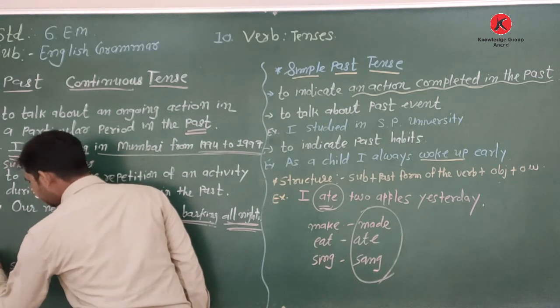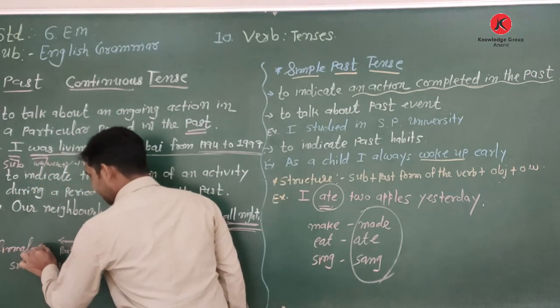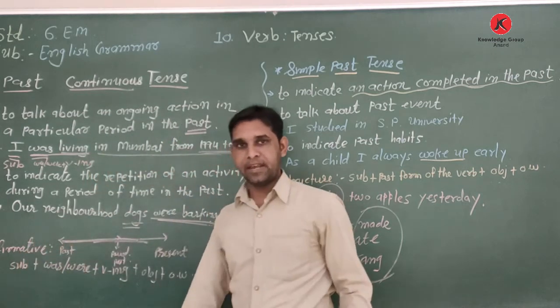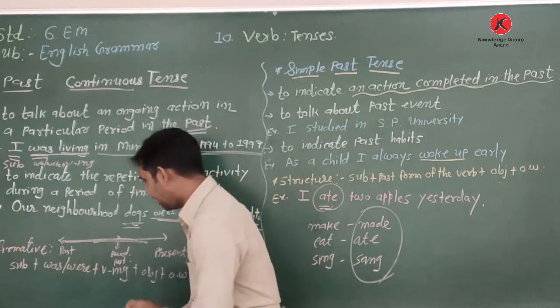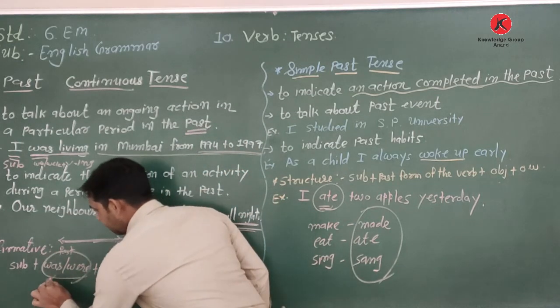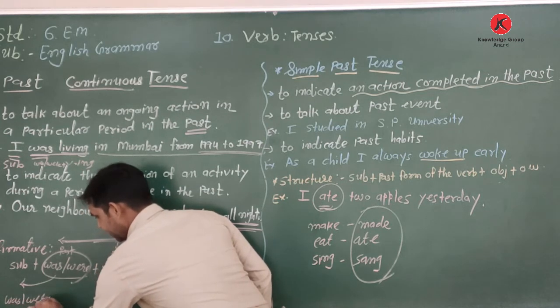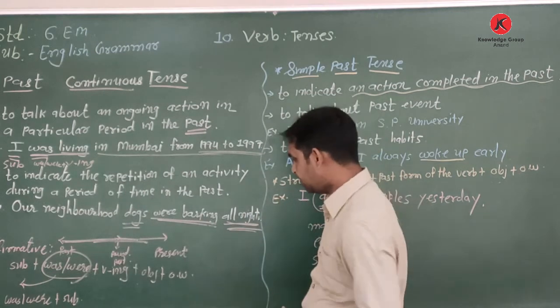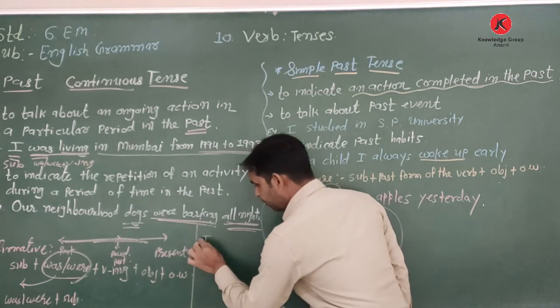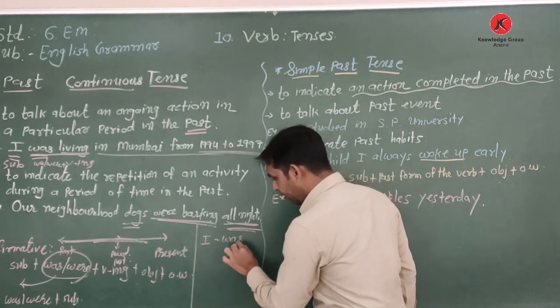If you want to write the structure of an interrogative sentence, what you write first is was or were, then comes the subject. But if you use I, then you write was.